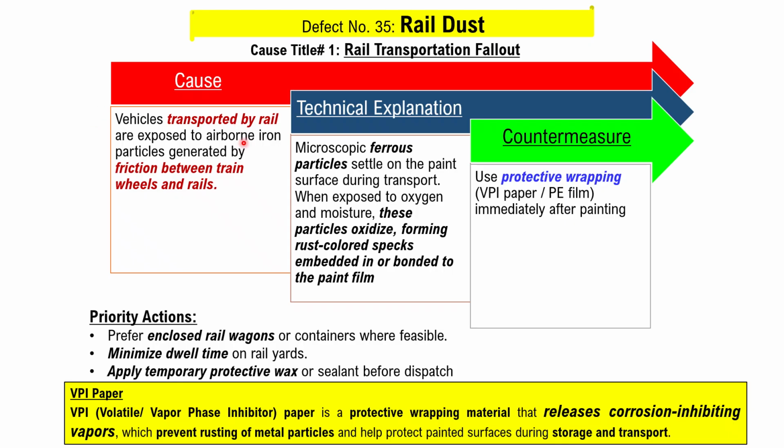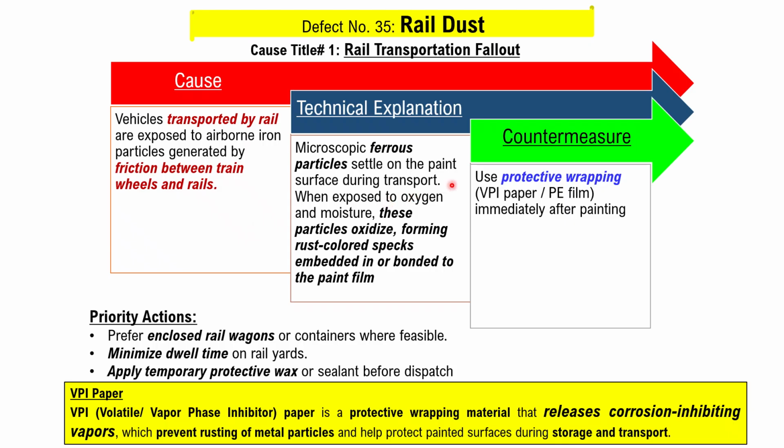Microscopic ferrous particles settle on the paint surface during transportation. When exposed to oxygen and moisture, these particles oxidize, forming rust-colored specks embedded in or bonded to the paint film.